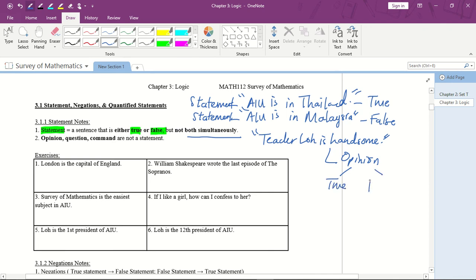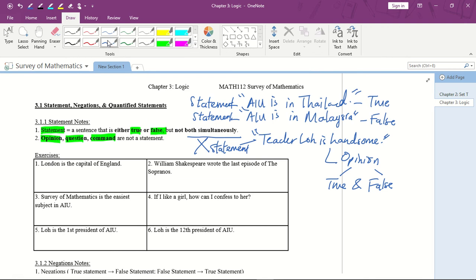But it might be false at the same time too, when others think Teacher Lo is not handsome. So this means that true and false can happen simultaneously. In this situation, Teacher Lo is handsome is not a statement. You can look here, it says that opinions, questions, and commands are not statements.